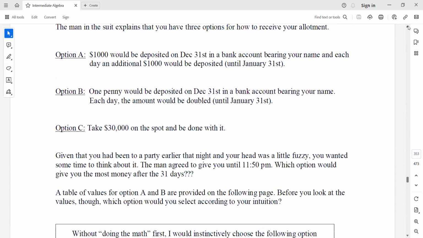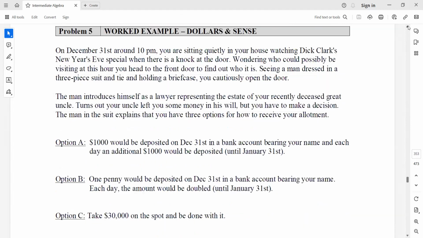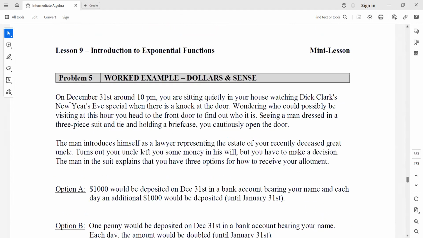So let's do it. It says on December 31st, around 10 p.m., you are sitting quietly in your house watching the New Year's Eve special when there is a knock at the door. And who is at the door?